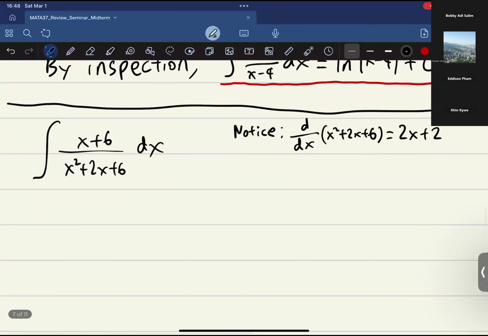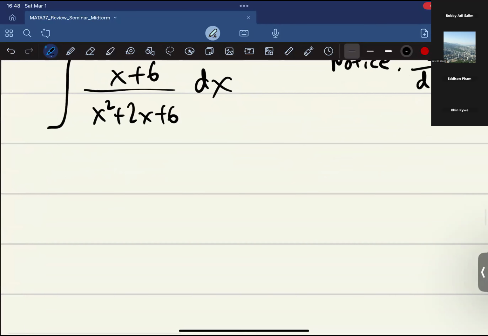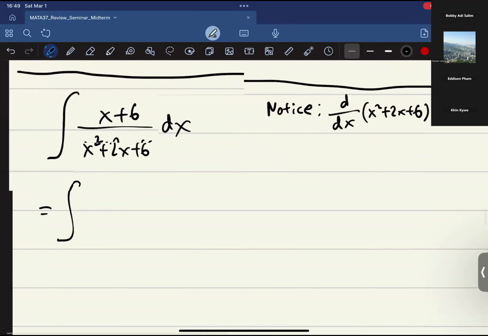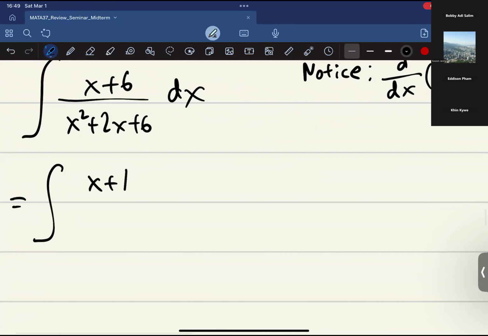So one idea in the chat is to split the integral. And what are you thinking of? How do you think we should split this? Okay, great idea. So the comment was to split this integral into these two fractions.